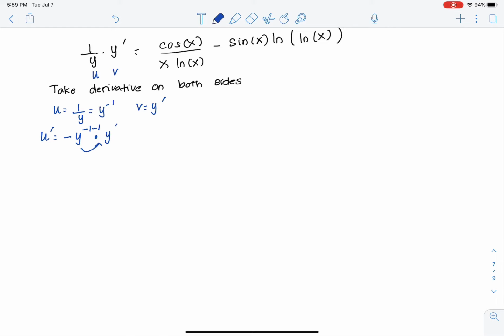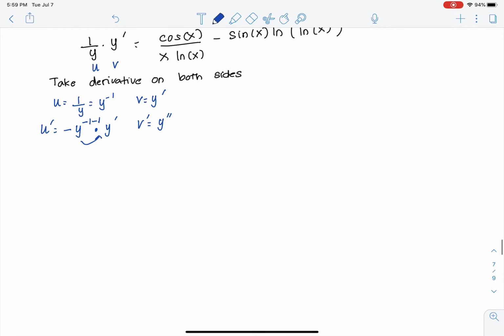We have to multiply by y prime, implicit differentiation. And v prime is simply the derivative of y prime, which would give us the second derivative of y. So if we use the product rule on the left-hand side, we have u, 1 over y, multiplied by v prime, y double prime, plus v, y prime, multiplied by the derivative, minus y raised negative 2 times y prime.